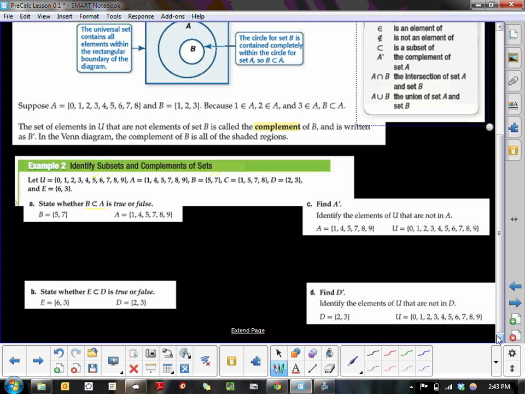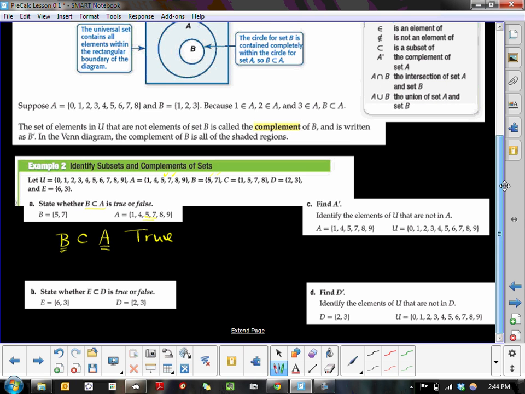Oops, that's the universe. I've got to get in A. 5 and 7, which they are. So because 5 and 7 are inside of A, B is a subset of A. So that is true. As long as A houses all the members of B, it will be a subset. So B is a subset of A.